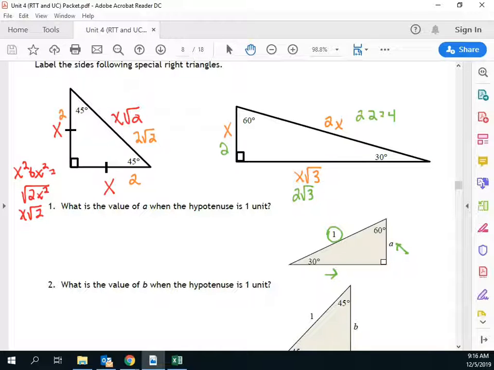So we go through and say, okay, I set up an equation. According to my given information, the length of the leg of a special right triangle is 2 times whatever x is. Well, in this case, the length is equal to 1. So I set 1 equal to 2x, and I solve for x.